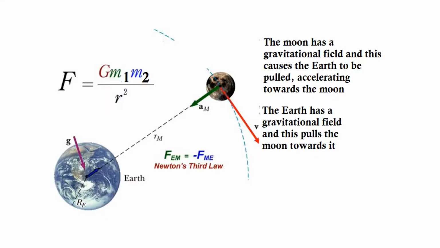And because of Newton's third law, the moon is pulled towards the Earth, and the Earth is being pulled towards the moon. Now, why is it accelerating? It's accelerating because it's changing direction. And what's causing it to change direction? The gravitational attraction between the Earth and the moon. And then we can equate that to centripetal force. And that gives you Kepler's third law.